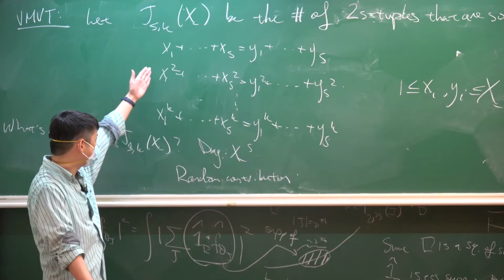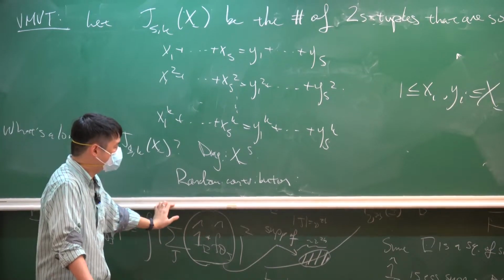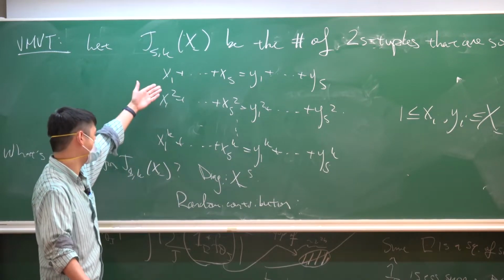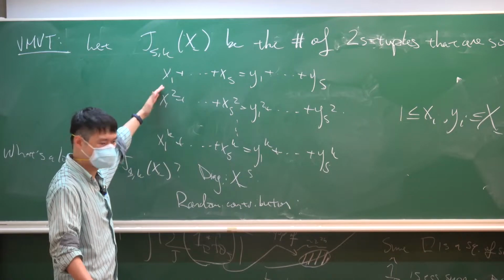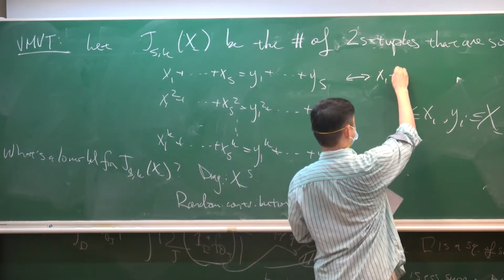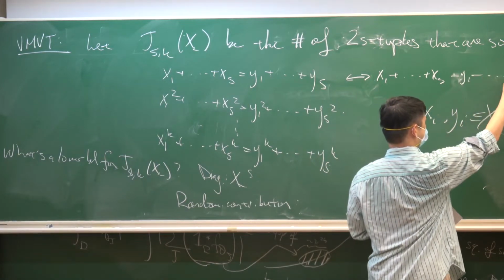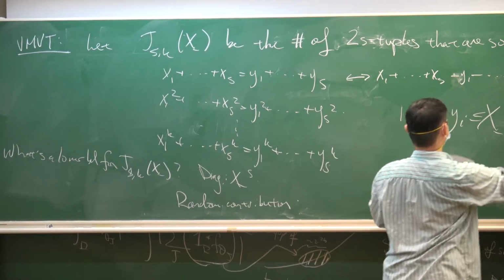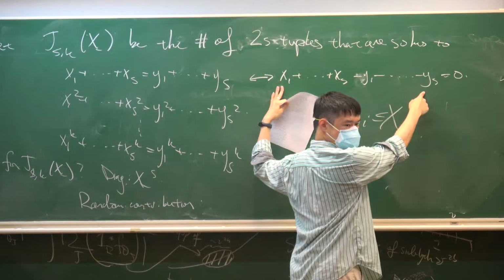Okay, so what's the probability that the first equation is satisfied? Well, if x1 and y1 range between 1 and x, the value of this expression is a number between minus sx and plus sx.